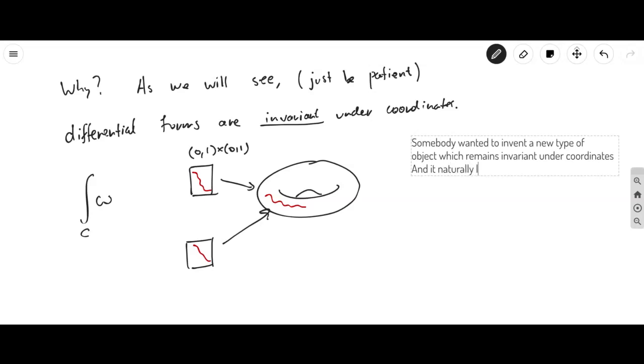And it naturally led to differential forms. But of course, when you learn about differential forms, you're just told automatically what they are without the motivation. So we're learning what they are first, and then you will see why they have the desired property of being invariant under coordinates.